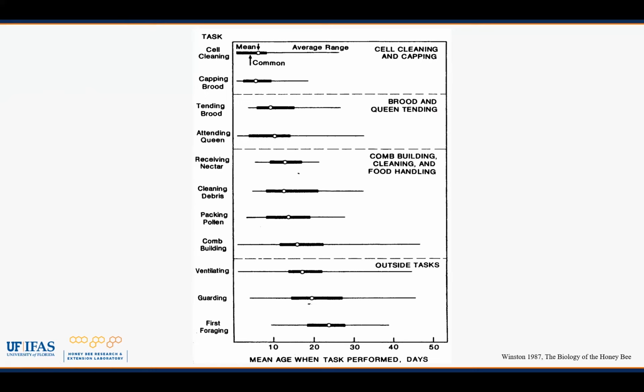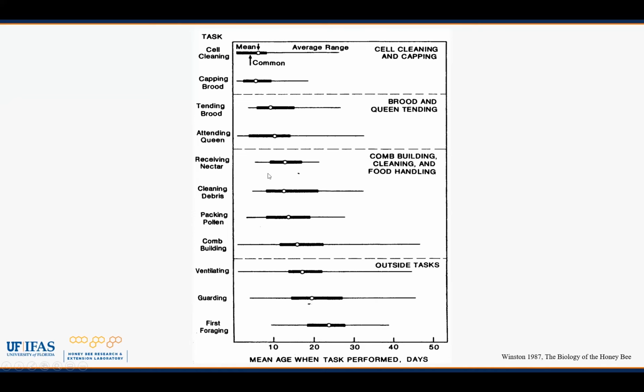But what's most important about this graph is not only what the tasks are, but also the mean, which is the little circle, the common, and the average range of the ages of worker bees performing that task. So for example, the average or mean age of a worker bee performing the cell cleaning task is somewhere around 8 days old, right?